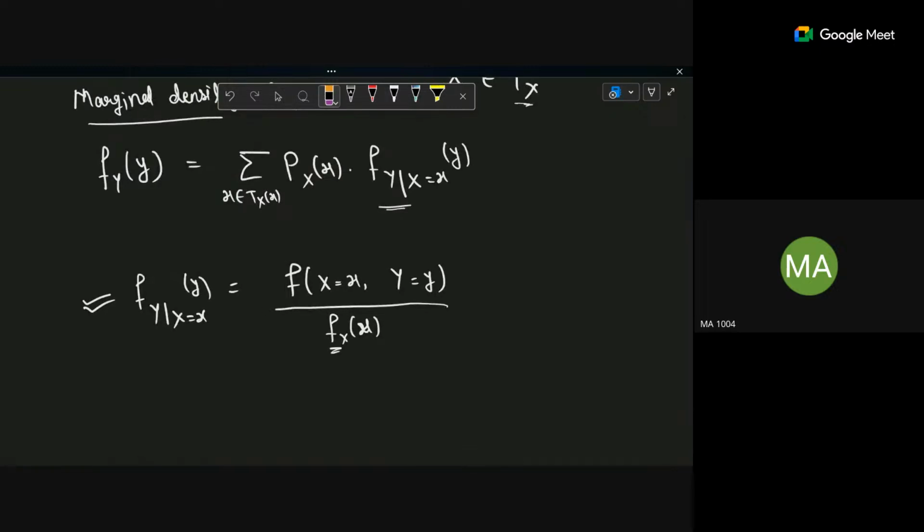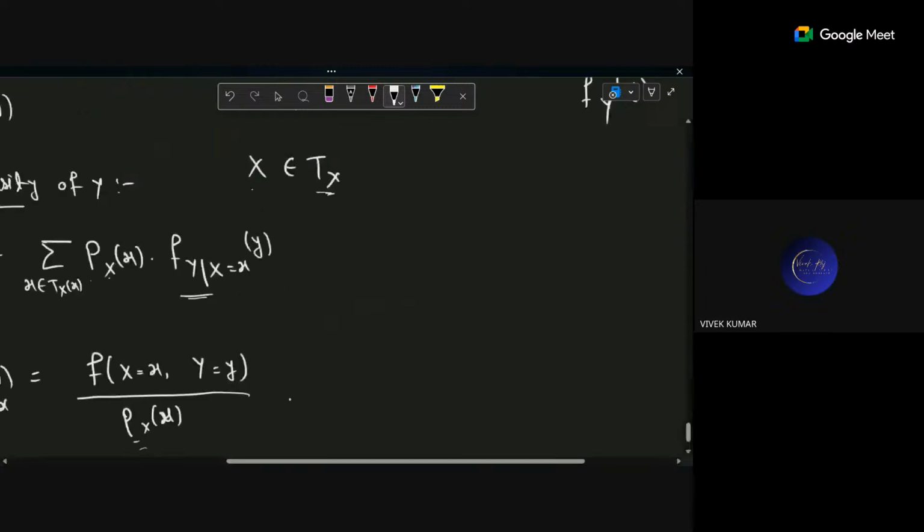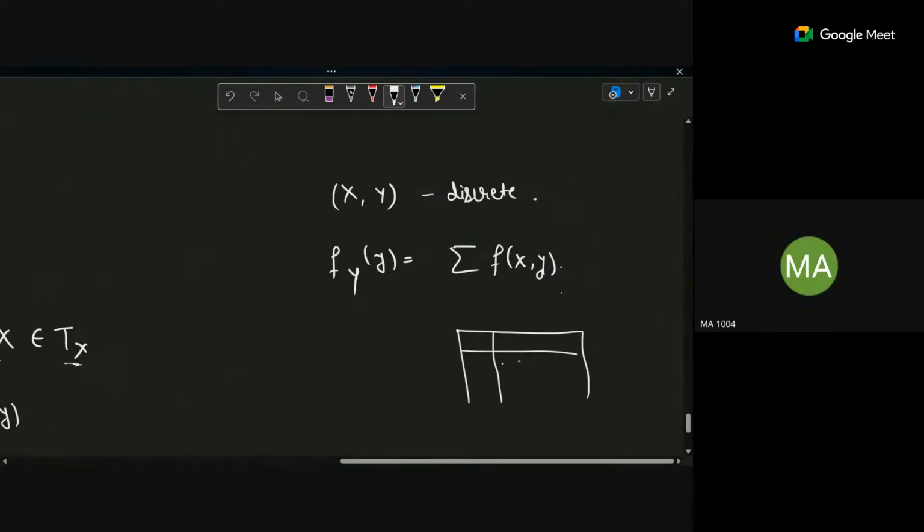Why? Because my x is a discrete random variable, so I can write it as px. Px of x is multiplied by this one. Once I multiply it with px of x, this px gets cancelled and only the joint PDF remains, the same thing as before.